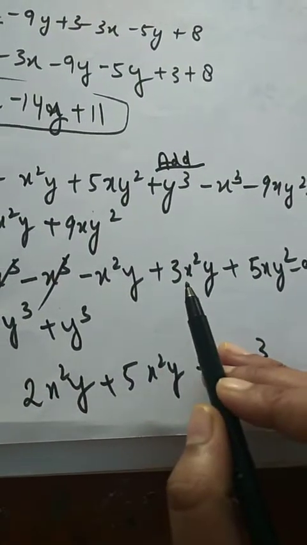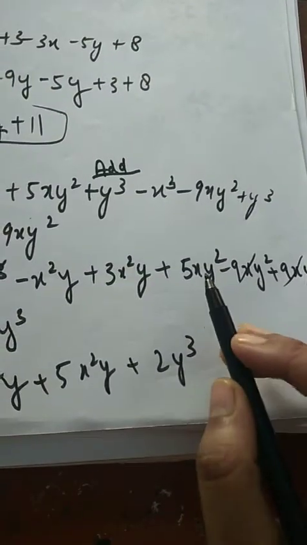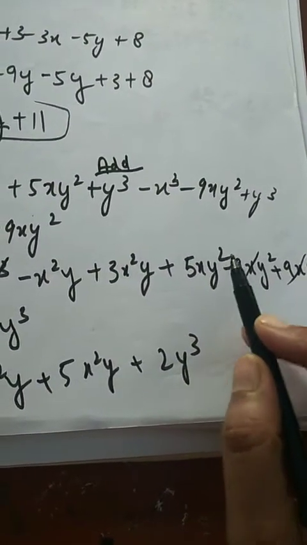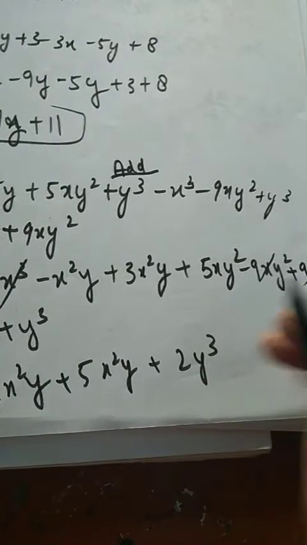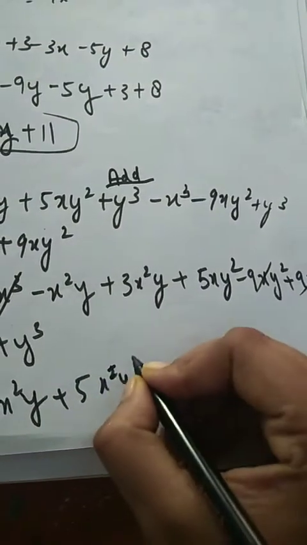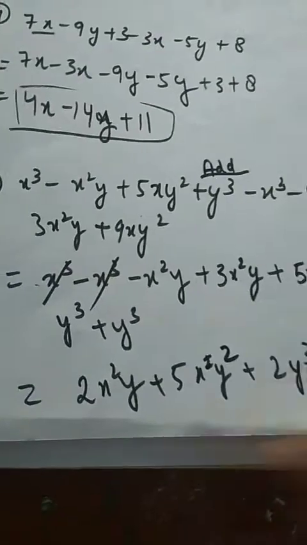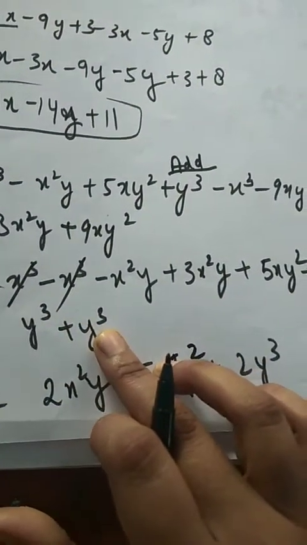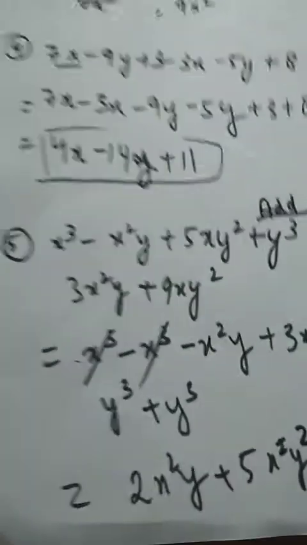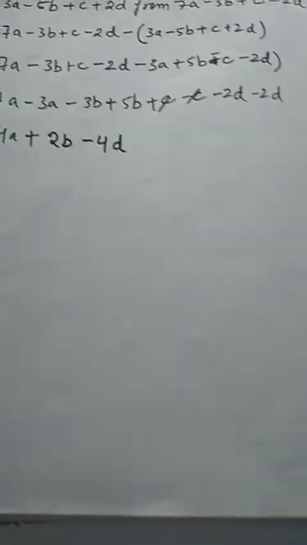So here we got 2x square y, here we will get plus 5x square y, it will be xy square, and here it will be 2 cube, 1 y cube plus another y cube, so we will get 2 cube y cube.